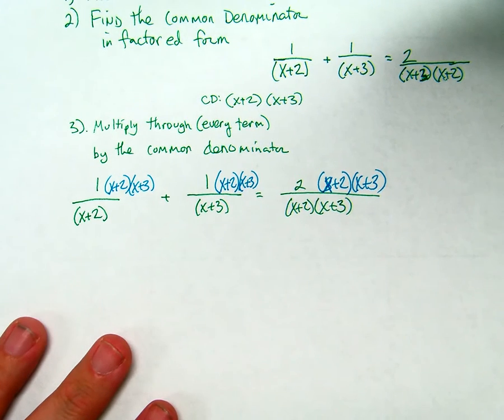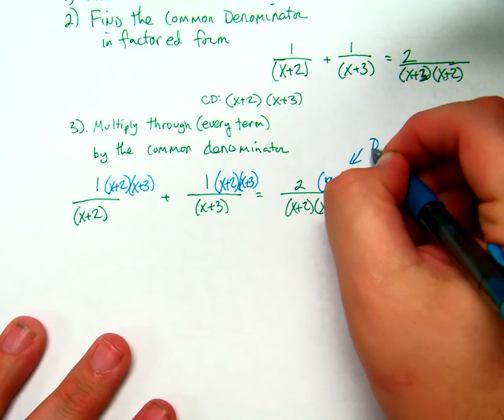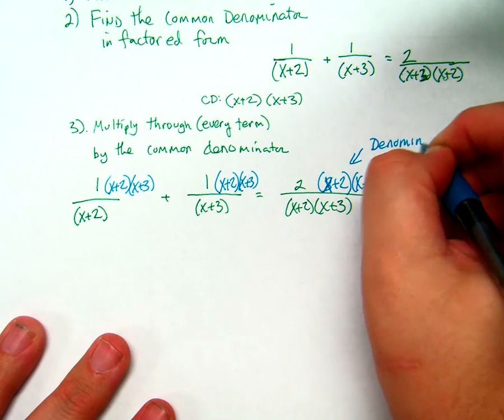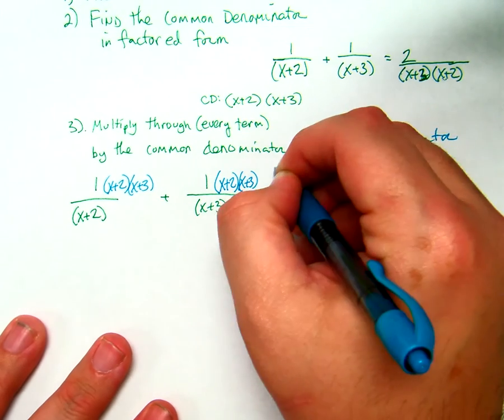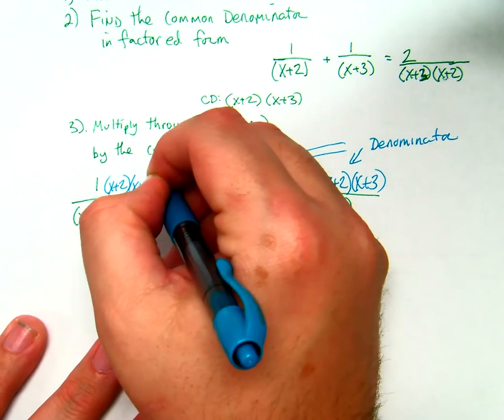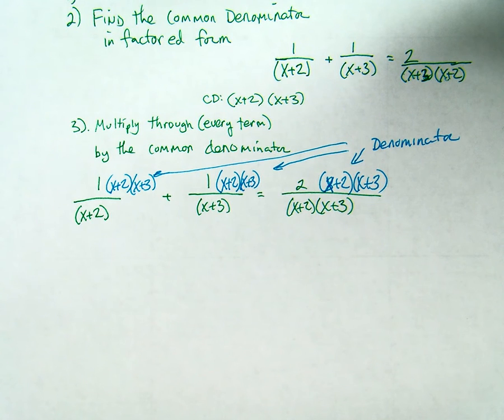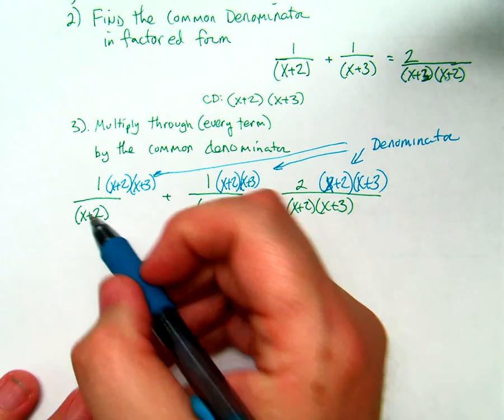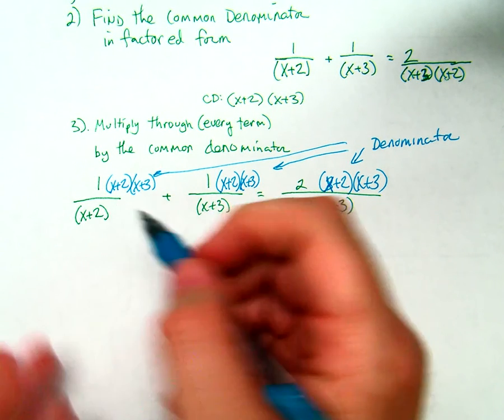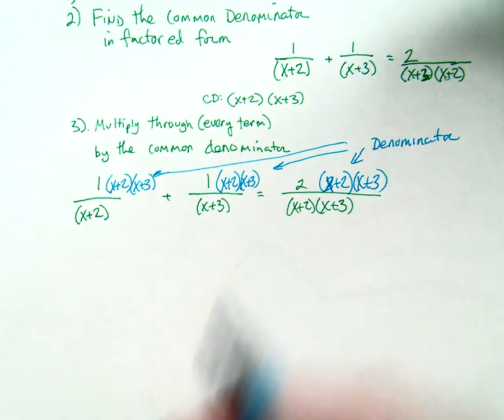So every term got multiplied by the denominator. And the reason why we're doing this is we want to destroy the denominator. We want to get rid of it. We want it to be gone. Now, in the first case here, can I divide out any of these factors?